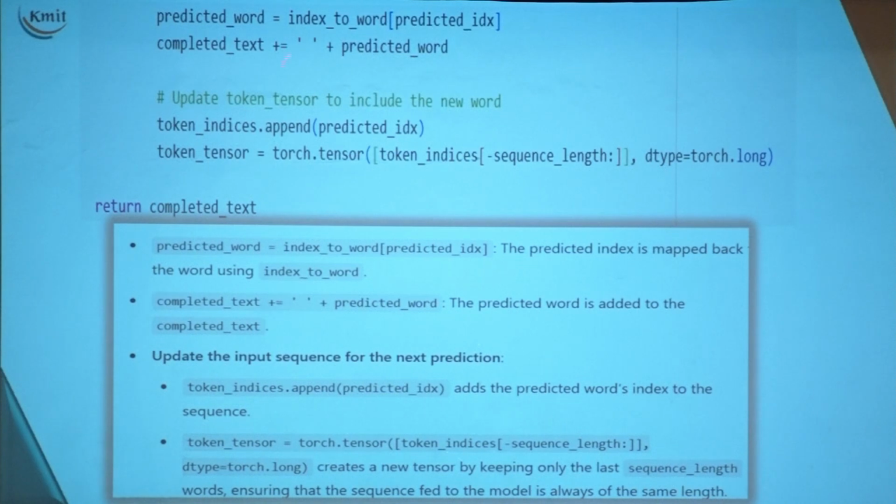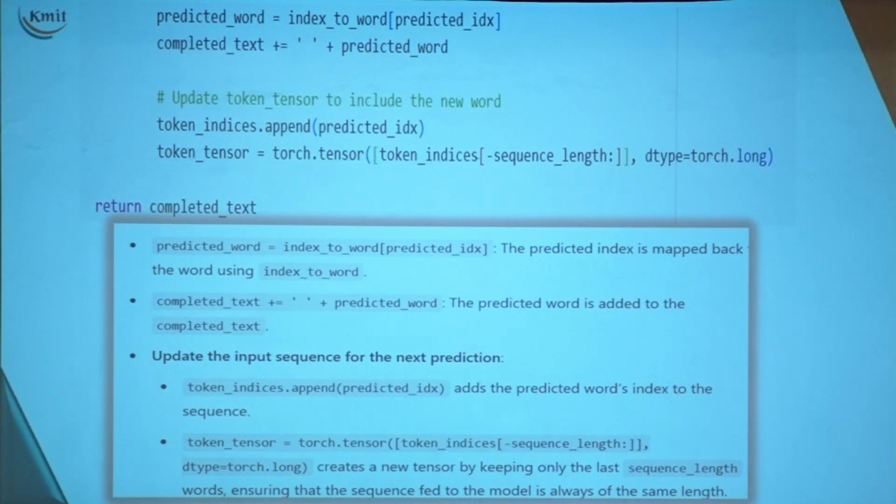So this predicted word will now be appended to the completed text. This will be repeated 10 times. And you will also update the token tensor to get the new word. One word is predicted, you have to change your token tensor so that it goes to the model and predicts another word. The model is actually predicting one word at a time. You are doing it multiple times here.